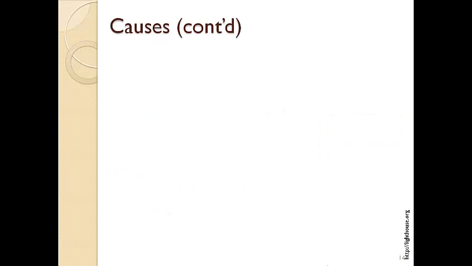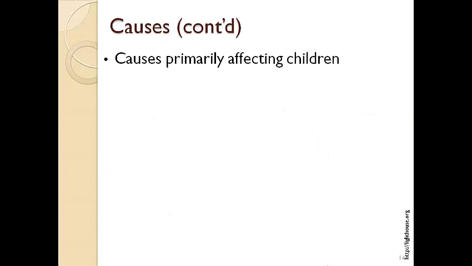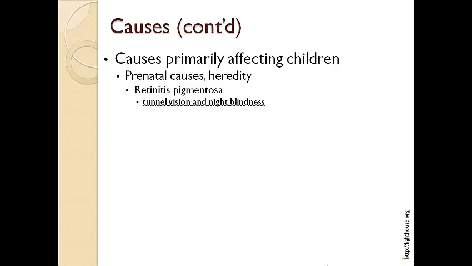Other conditions that primarily affect children include things which are prenatal. Within that we have retinitis pigmentosa, which is a hereditary disease resulting in the degeneration of the retina, and it usually causes tunnel vision and night blindness.